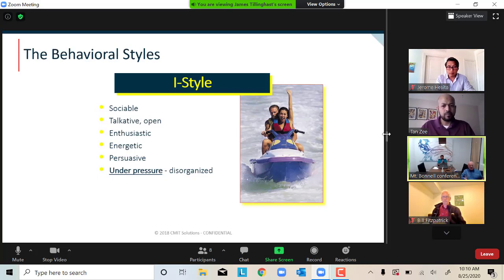Whereas others are trying to be everything to everybody, represent everybody in the district, everybody in the state, everybody in the nation, whatever it is. And if you get that sense of disagreement, it could create a bit of anxiety, which results in sort of a disorganized approach to things, and communication being one of them. Their biggest fear, social rejection. Politicians are great examples of I-styles.